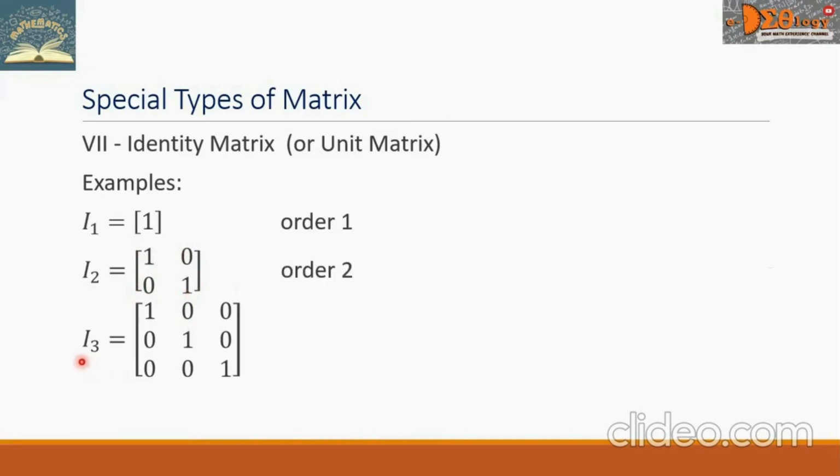Third example, I sub 3. This is a matrix with elements 1, 0, 0, 0, 1, 0, 0, 0, 1. The elements in the main diagonal are all 1s. The remaining elements are zeros. And this is of order 3.